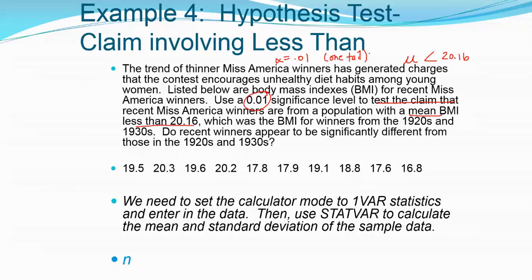So enter the data in, and this is what you should get. We have 10 numbers, so n is 10. X-bar, the mean, is 18.76. S, or sample standard deviation, is 1.1862. Notice I went out several decimal places because I'm going to be putting this into a formula and I want to be precise.